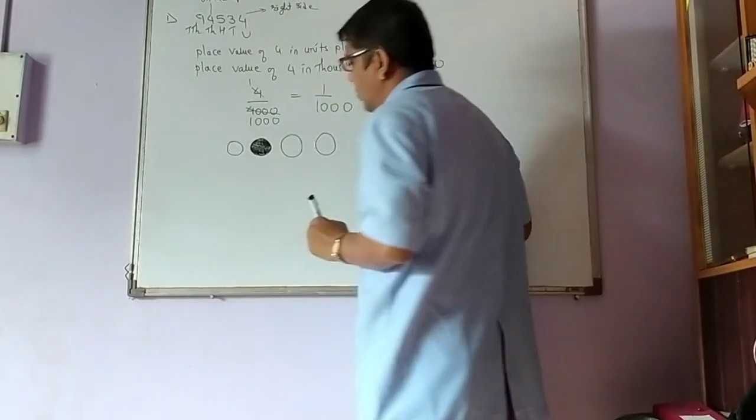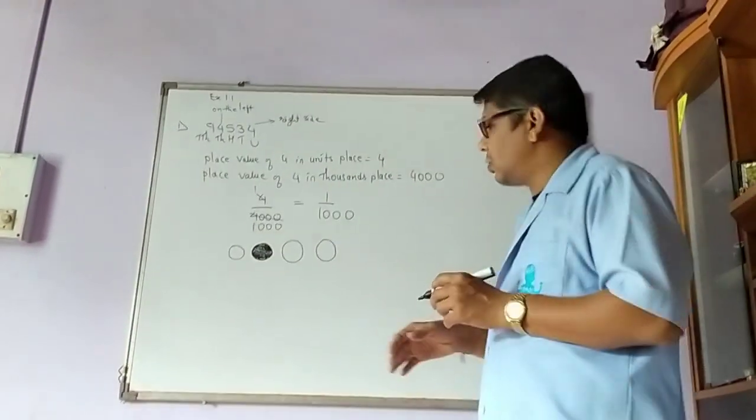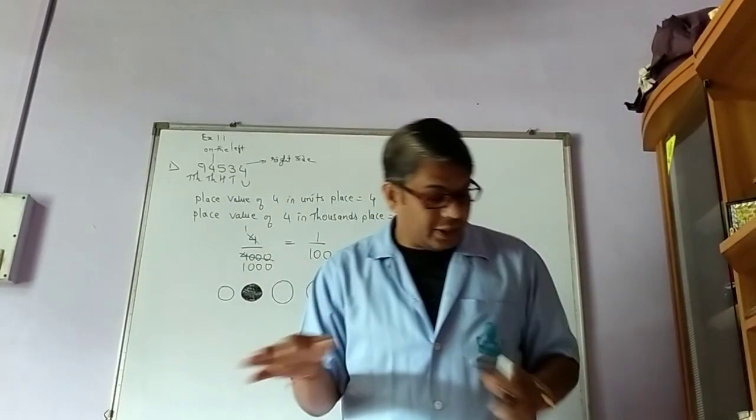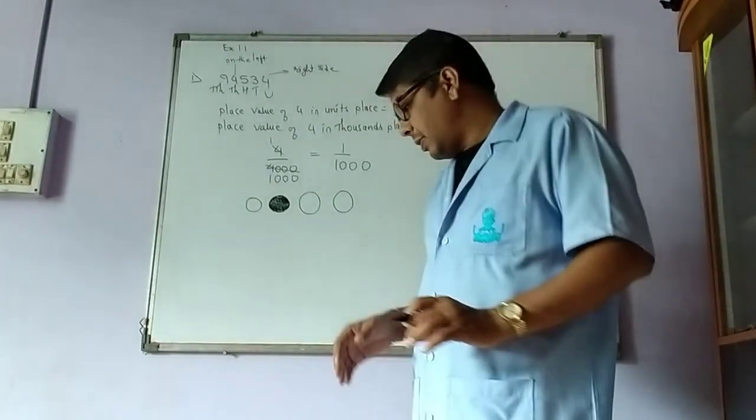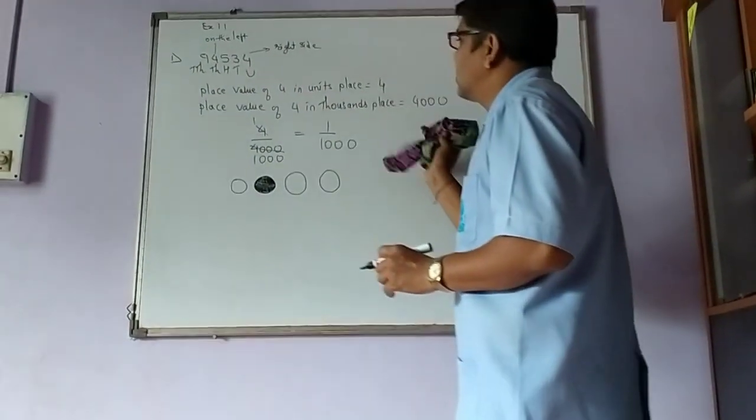This is whiteboard, so it will not look properly, but it has to be in this way. No half shading, and you cannot change the options once you have attempted them. Okay, so this is the first.